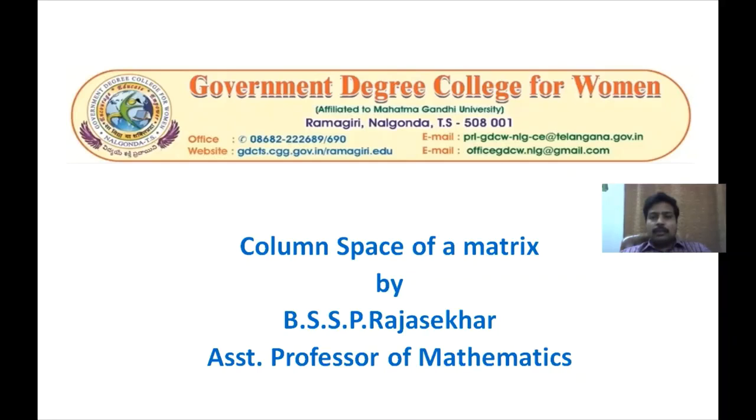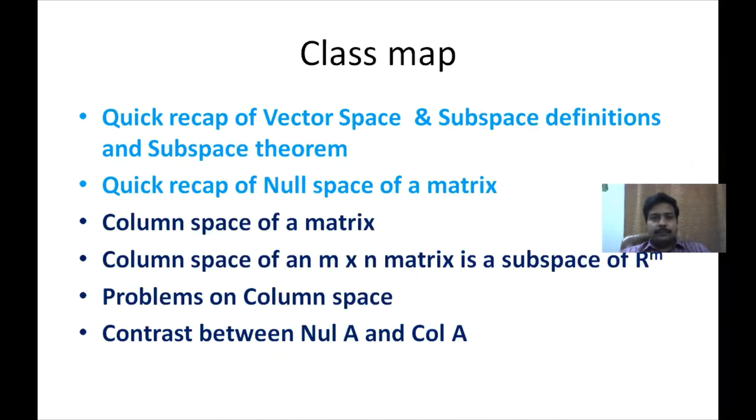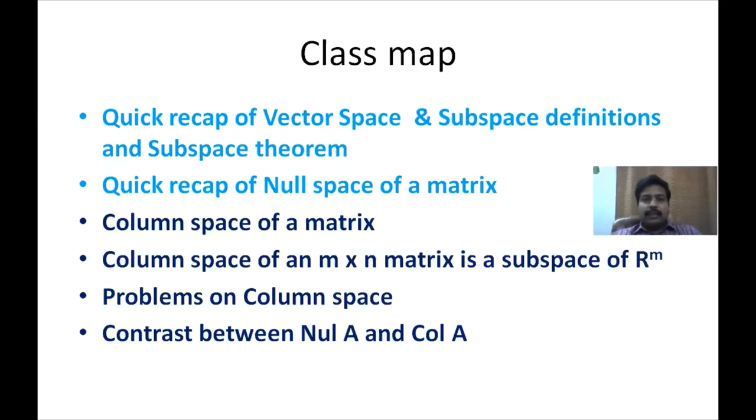In today's class, we will discuss the column space of a matrix. First, let us quickly recap the definition of vector space, subspace, and some subspace theorems which are useful today, and quickly recap the null space of the matrix.